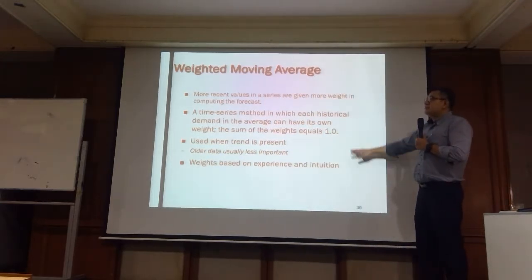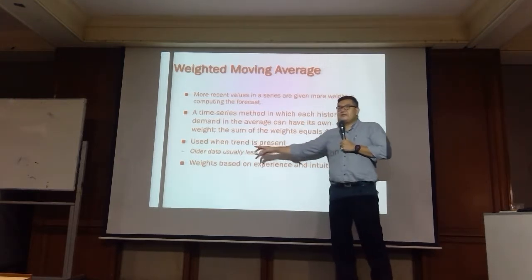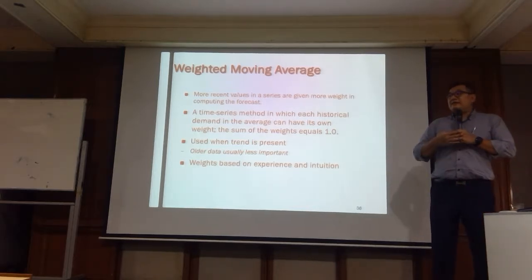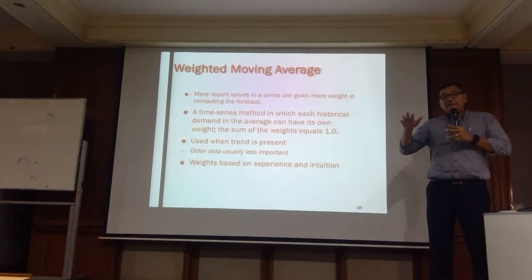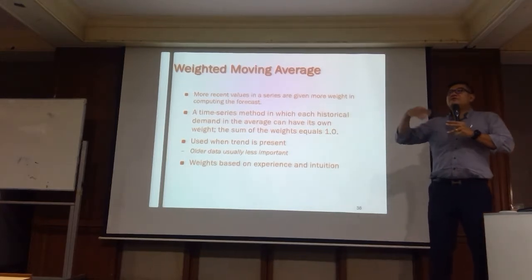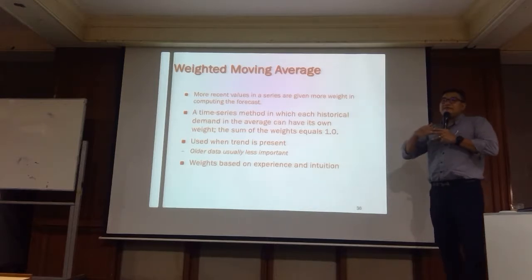This is the one that's suitable when you have a trend. It's different from the first one, because the first moving average is suitable for data that have no trend, because you average equally. If you use it for data that have a trend, it's going to reduce the trend.